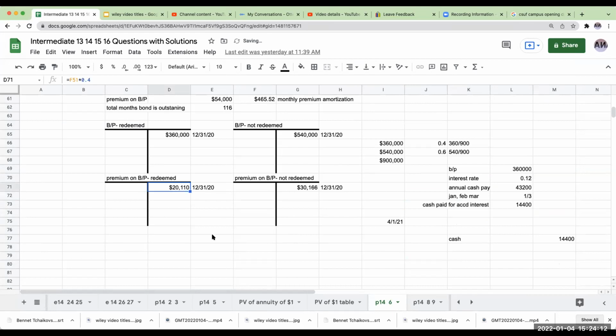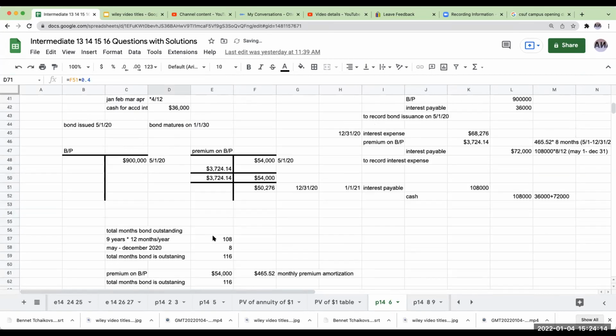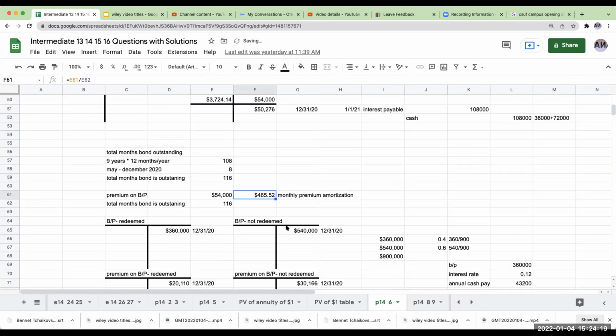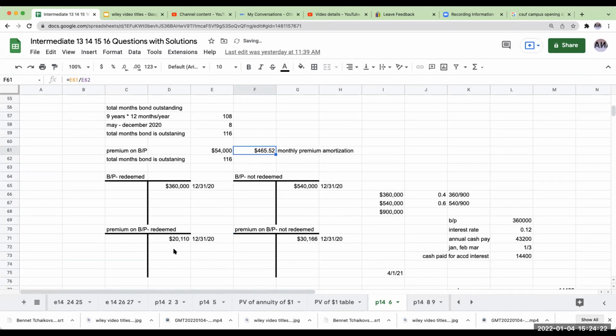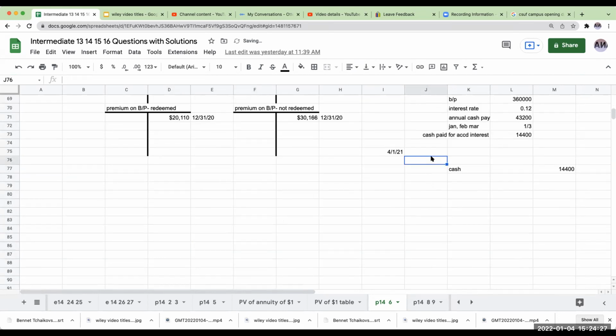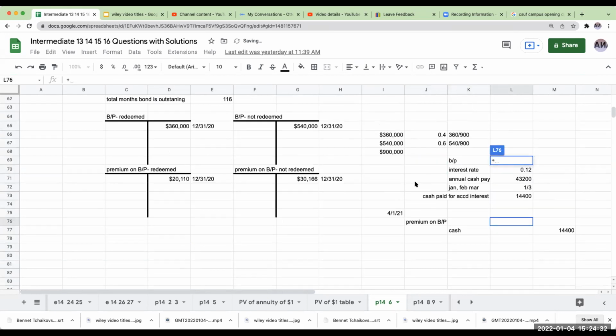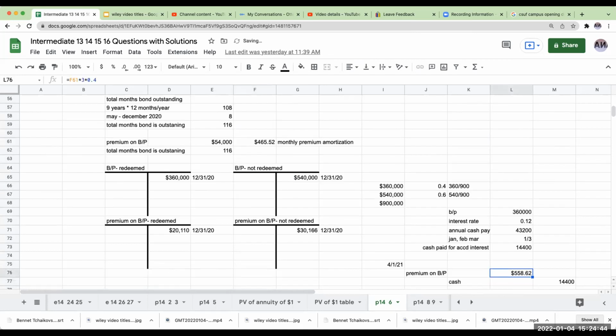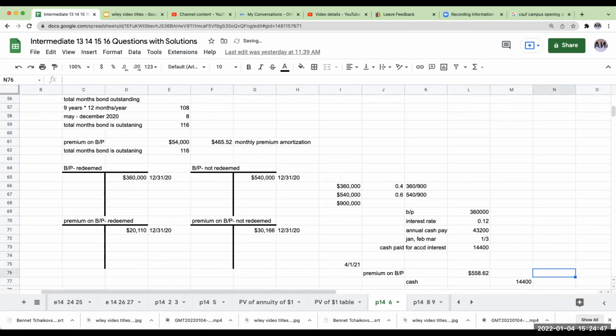If this was the monthly premium for all of the bonds, then for this one, since we've allocated over 40%, my premium on bond payable is going to be 465.52 times 3 times 40%. And this is going to give me 558.62.